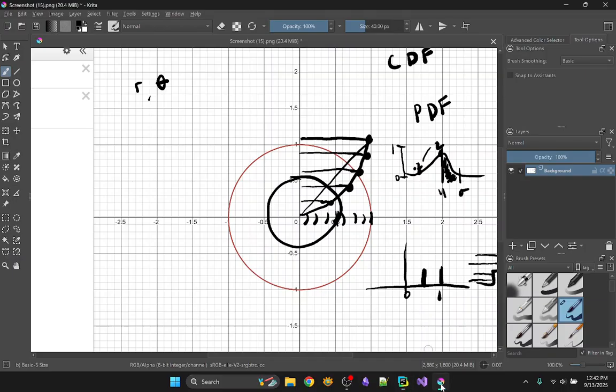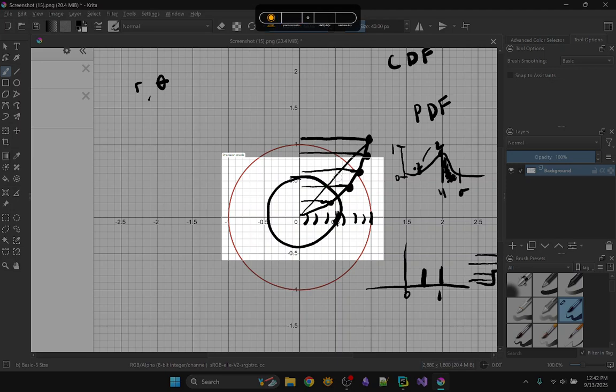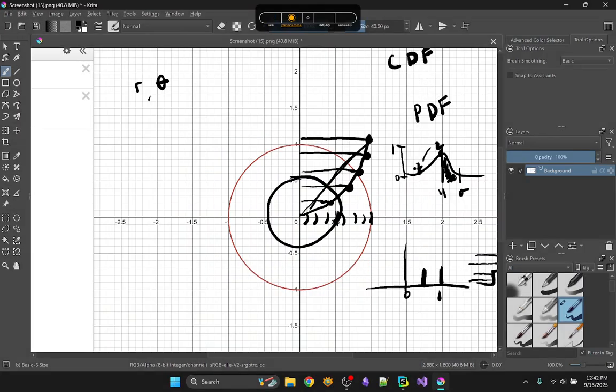Oh yeah, I forgot to actually say the integral. So this is the distribution of radius that we want, this linear distribution. The integral of that is like x squared, and then the inverse of that is the square root of x. So we sample from the function square root of x.